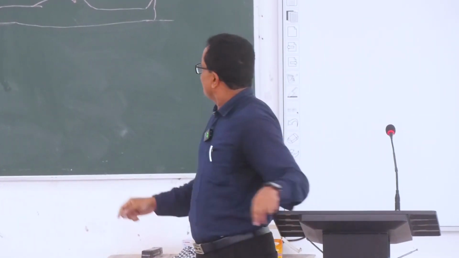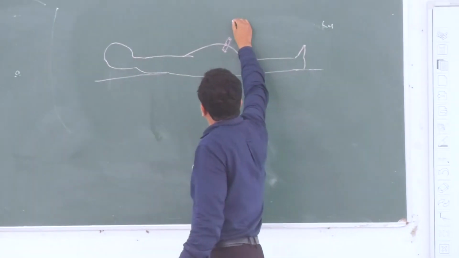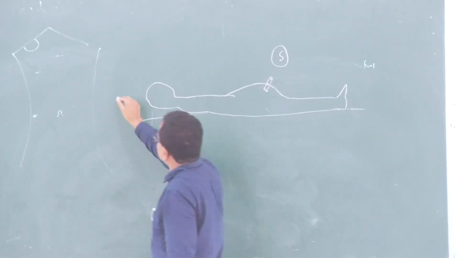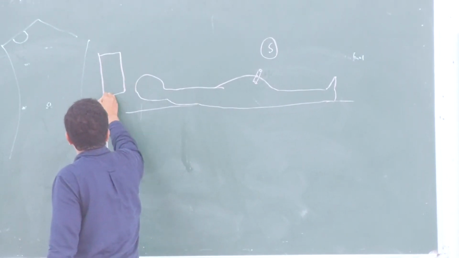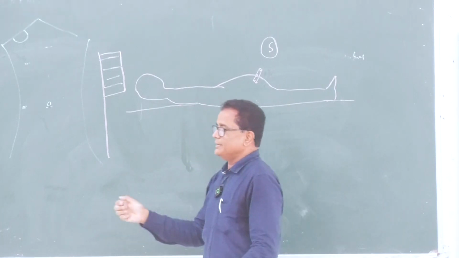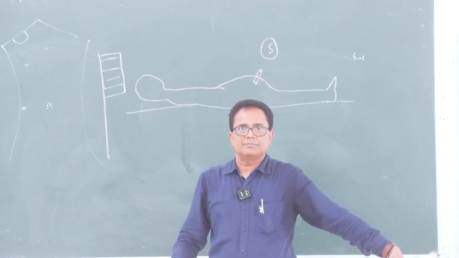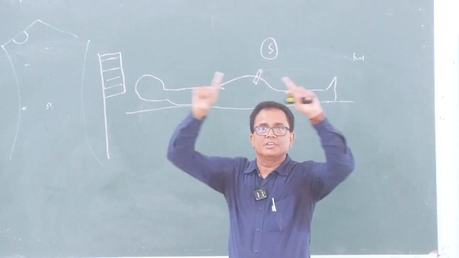And in laparoscopy, we do not look at the patient. Suppose the surgeon is standing here, the surgeon will not look at the patient, the surgeon will look at the monitor. Just like on the patient's right shoulder, the surgeon will be on the patient's left, and on the right shoulder side you will see a television screen.